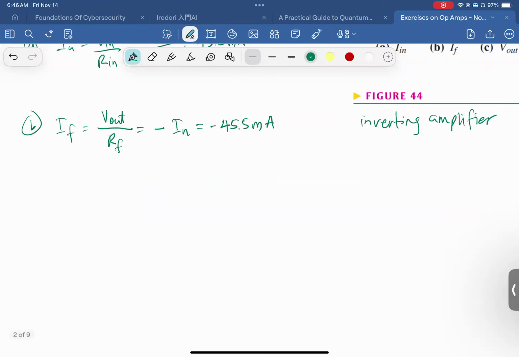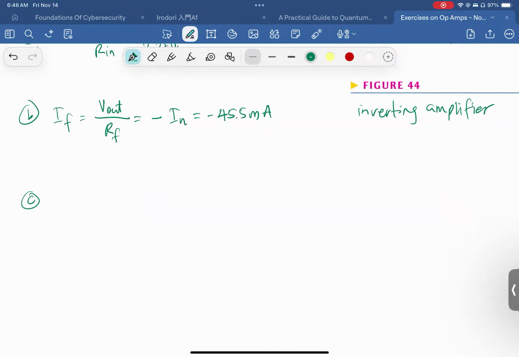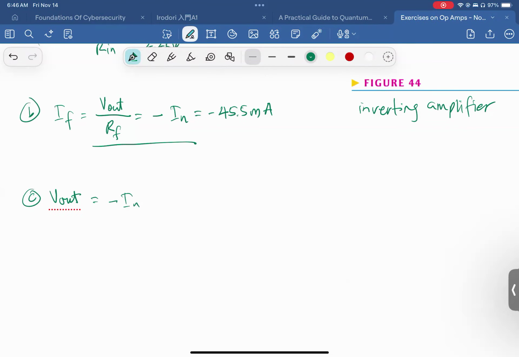Okay, so letter C, pinapahanap naman yung output voltage. From here, pwede natin makuha yung output voltage, V out, equal to negative of yung input resistance times RF.